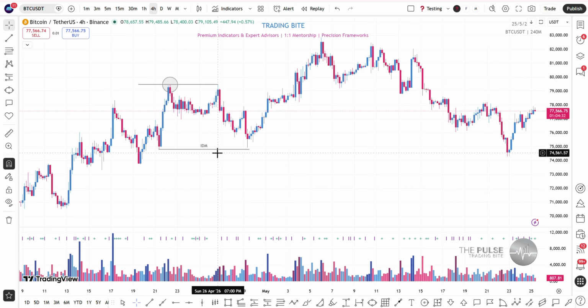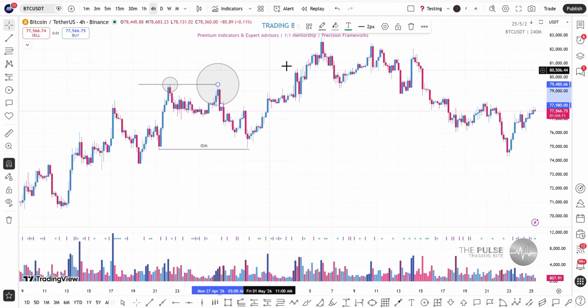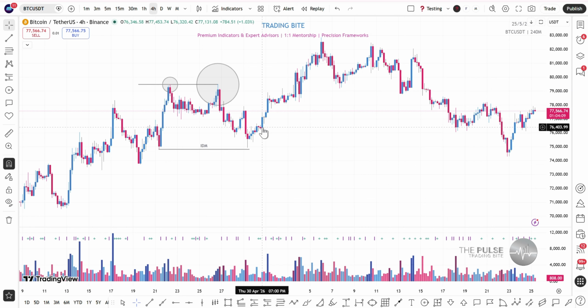This high is 485.66 and this high is 472. Yes, so this swing has been swept by this one. Now the market has not taken the liquidity and the market moved up.